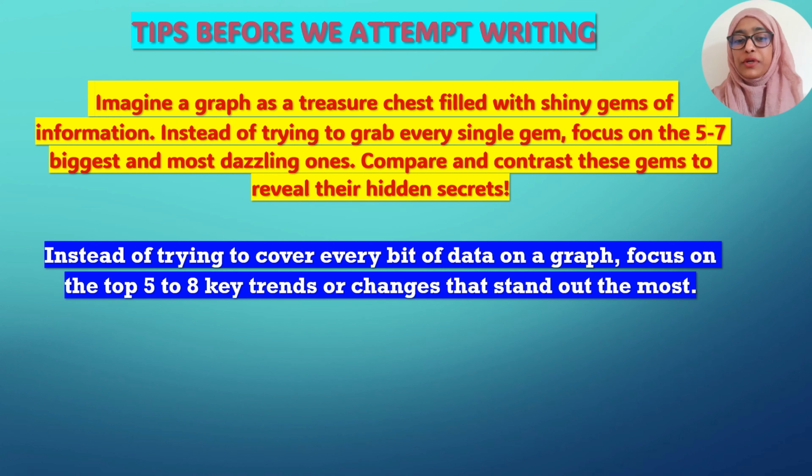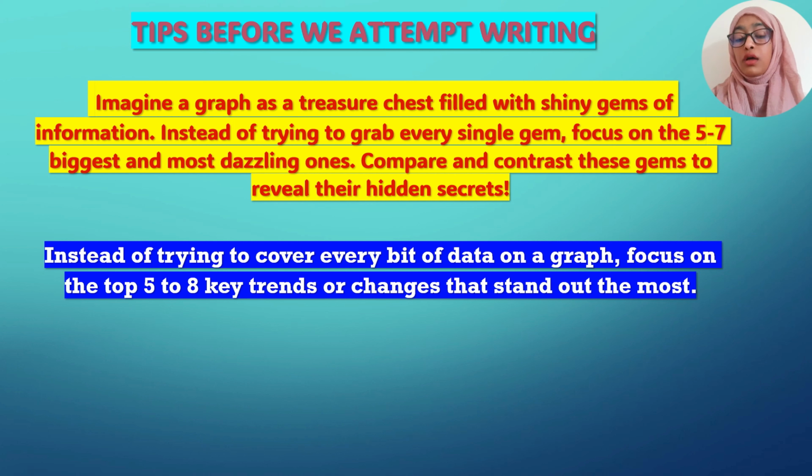Instead of trying to cover every bit of data on a graph, focus on the top 5 to 8 key trends or changes that stand out the most. As usual I said, a graph will have a lot of information, it's not essential that you analyze each bit of data. No, not important.